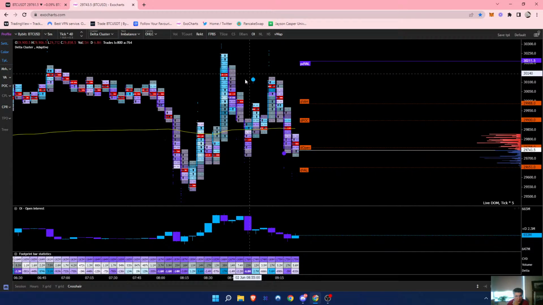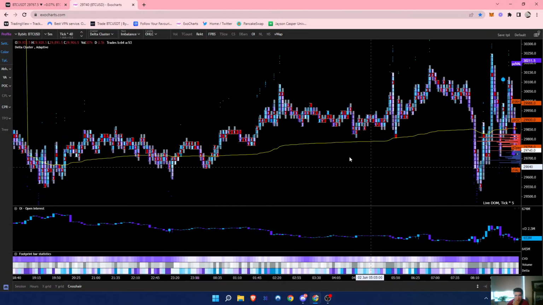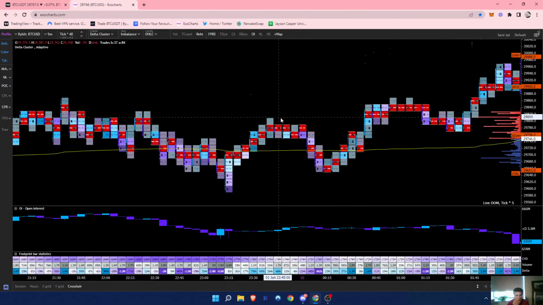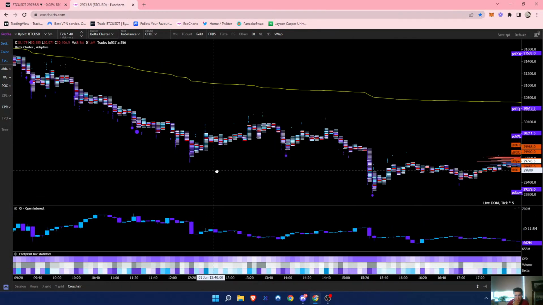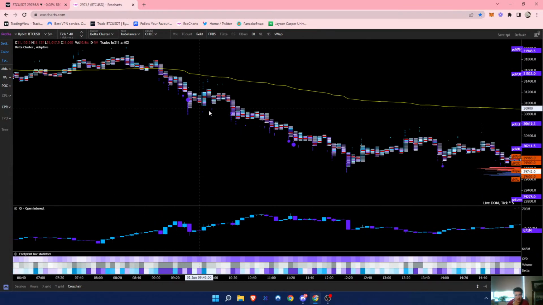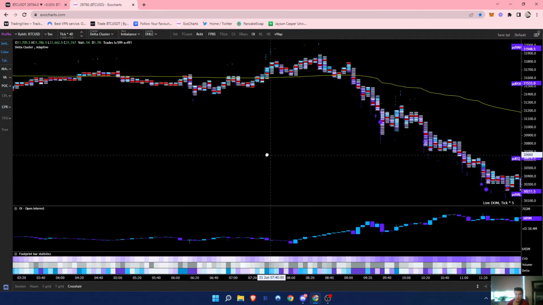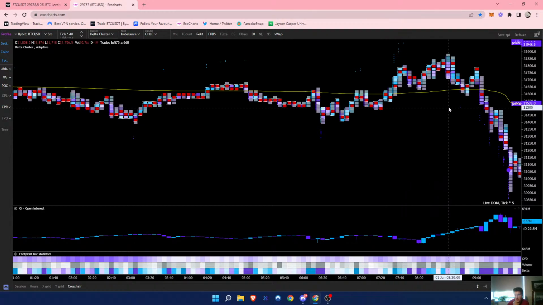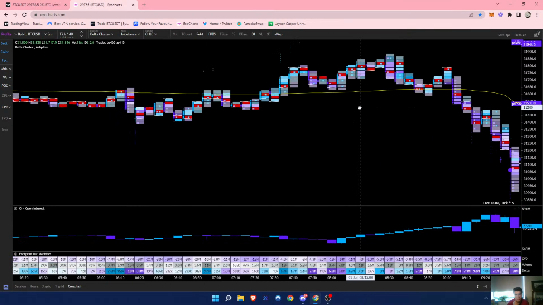Shorts getting liquidated, longs getting liquidated. Generally you don't really see that too many times. Just going back on like the 5-minute, I guess in a steady downtrend, you'll see longs getting liquidated, yeah. But you can see like yesterday, minimal liquidations.